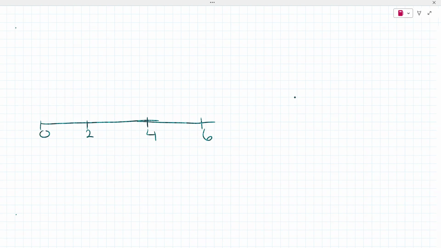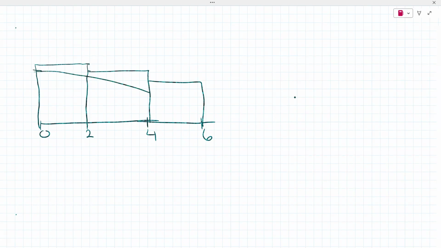If you drew your rectangles, it would look like this. Right? And then we're going to make it go from the left. So this is the left side, and I believe it is, you have this leftover, so it is technically above.